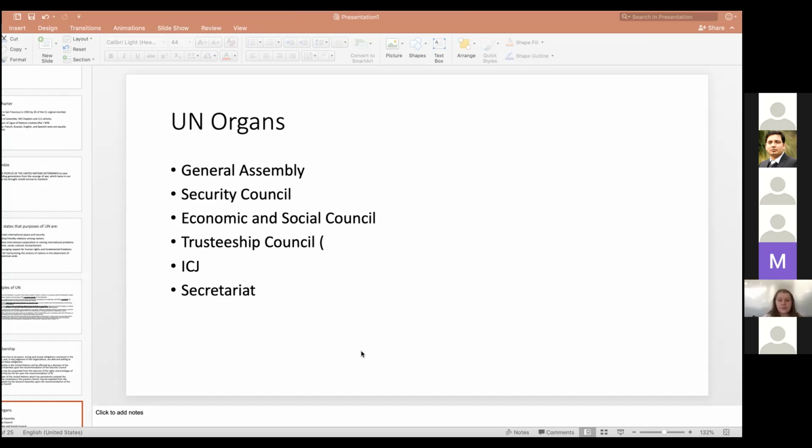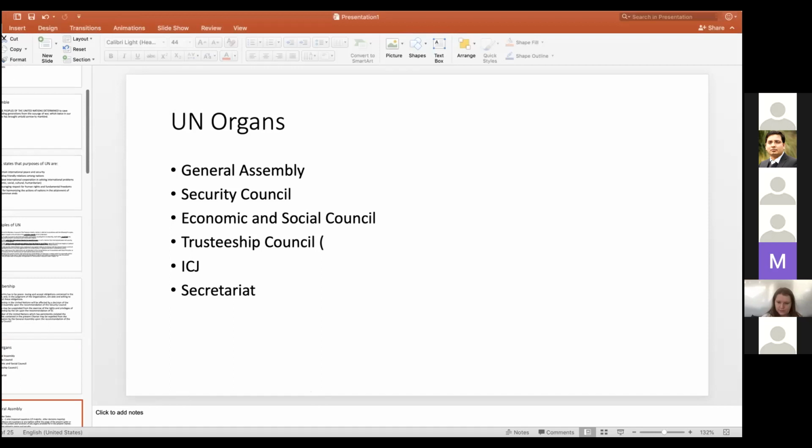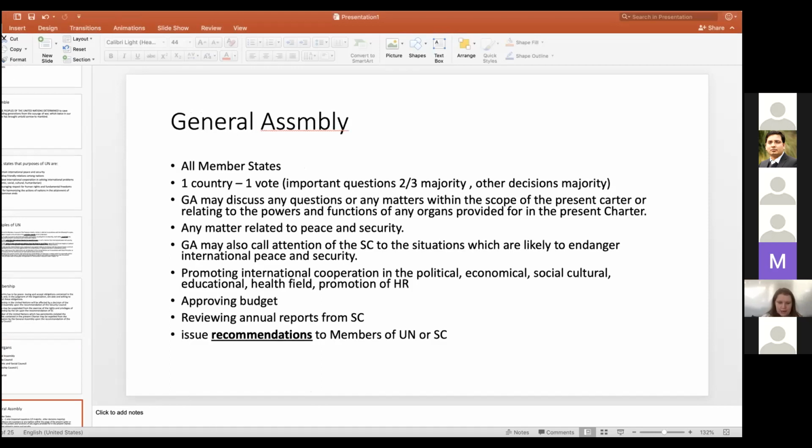So, starting from the General Assembly. The General Assembly consists of all members of the United Nations. It is the main policy-making organ of the organization and provides a unique forum for multilateral discussion.